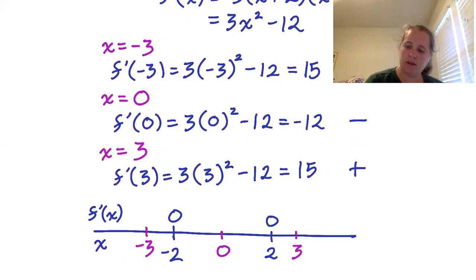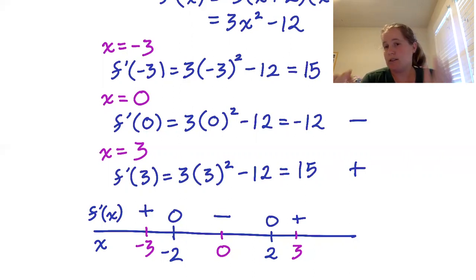And we found at each of those points, first we had a positive derivative, then a negative derivative, then a positive derivative. Now again, because the derivative cannot switch signs until we hit a critical value, we know that entire subinterval is that sign.